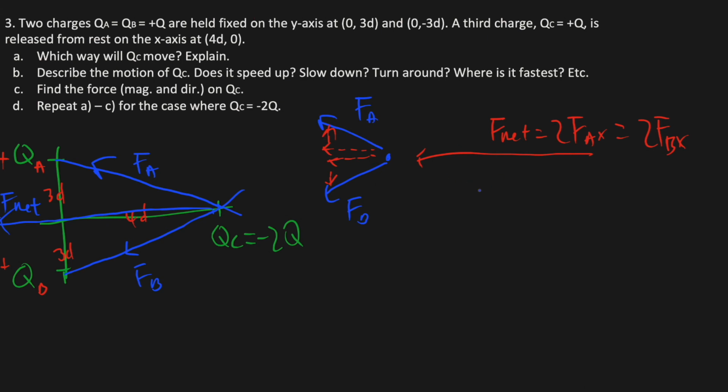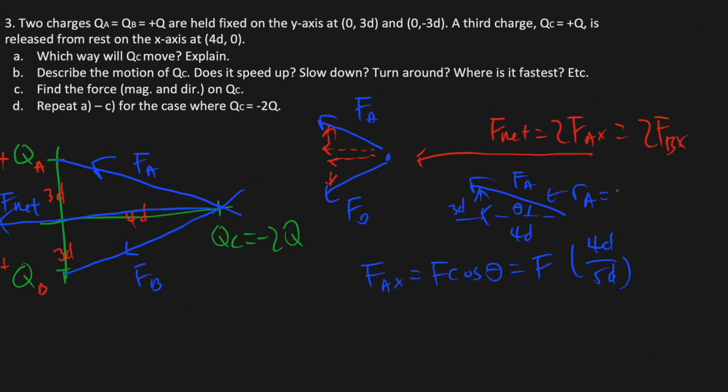So now I just need to use trigonometry to solve this problem. So we know the force FA. Let's say here is theta. And we know here is 4D, here is 3D. Then FAX is equal to F cosine theta, which is equal to F times 4D over 5D because of trigonometry. So FAX is going to be equal to FA times 4 over 5, right?